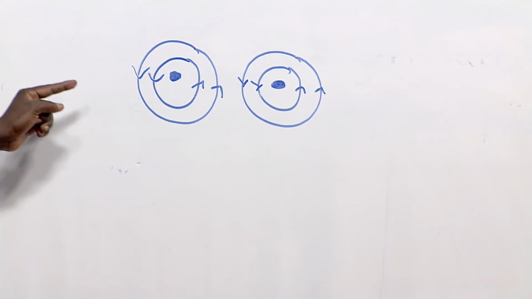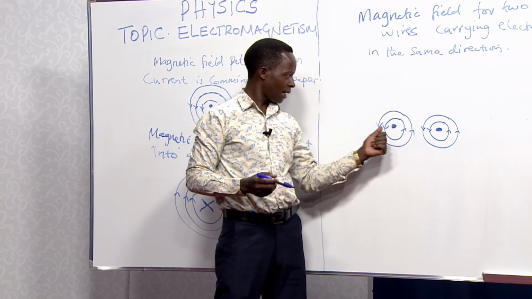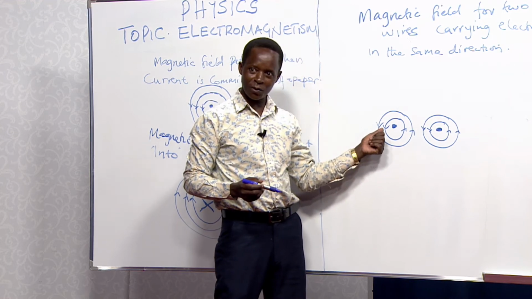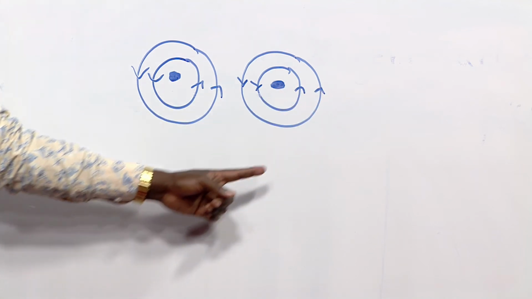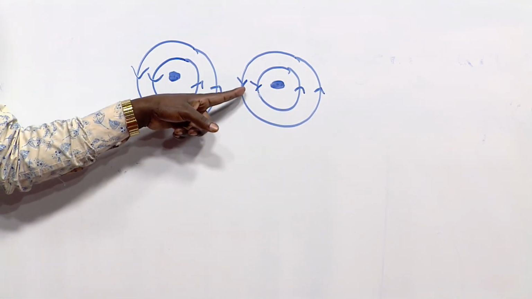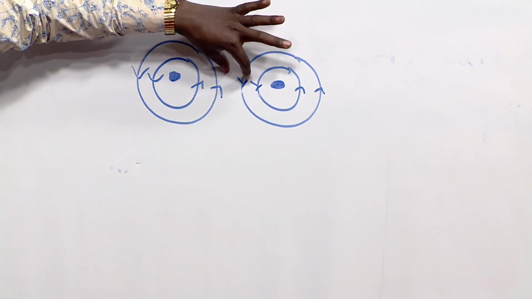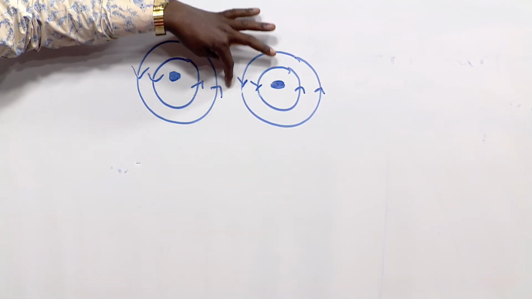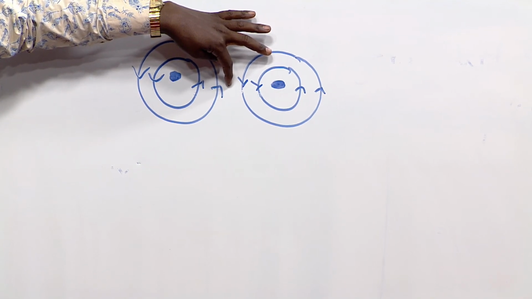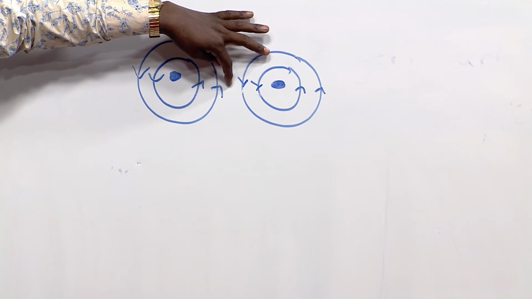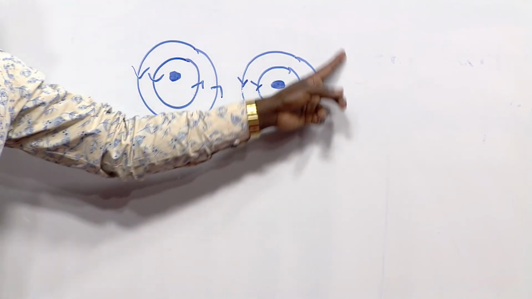Now, when you look at this side, the extreme end here and the extreme end here, the arrows showing the direction of magnetic field are actually in agreement. They're in the same direction. It is only here that the arrows are opposing, meaning that at this point here, the fields are opposing. But here, the fields are in the same direction.